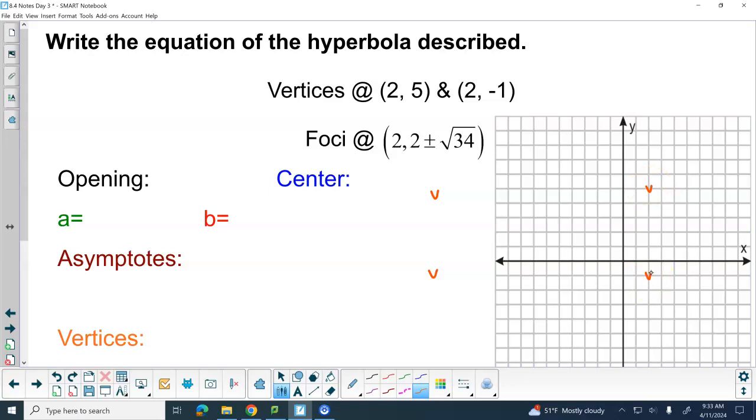So that tells me that it's an up-down opening hyperbola, which means that's a y minus k quantity squared over b squared minus x minus h quantity squared over a squared equals 1 type of hyperbola. Also tells me that the center is halfway in between them. So that would be at the point 2, 2.